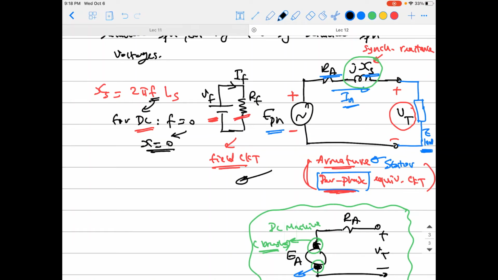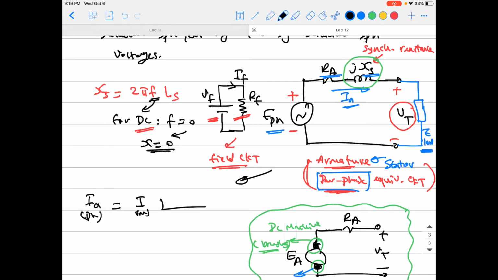You can just use this circuit to find out the IA, okay? And I'm reminding you that's a phase quantity. PH means phase quantity because that's a per phase equivalent circuit, okay? So the current of it will be having a magnitude like this, or our RMS value, and an angle.